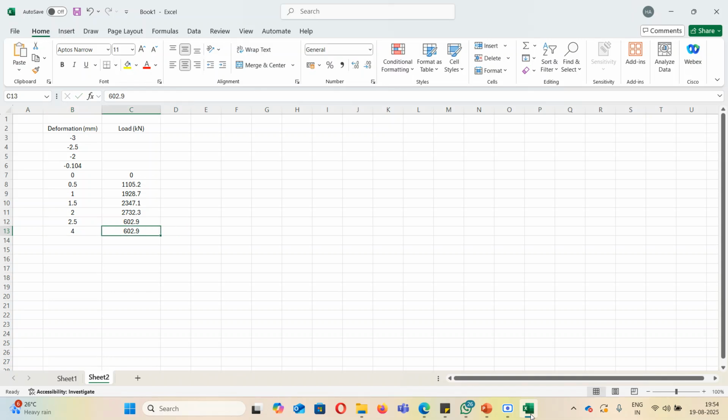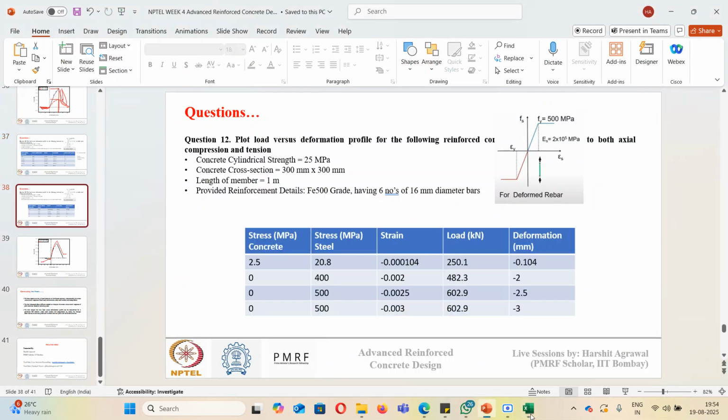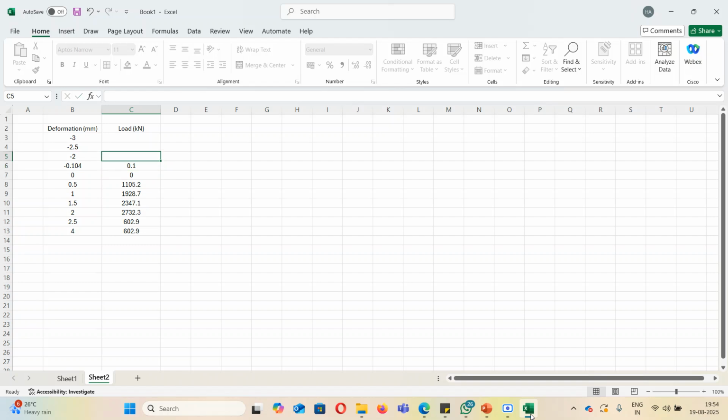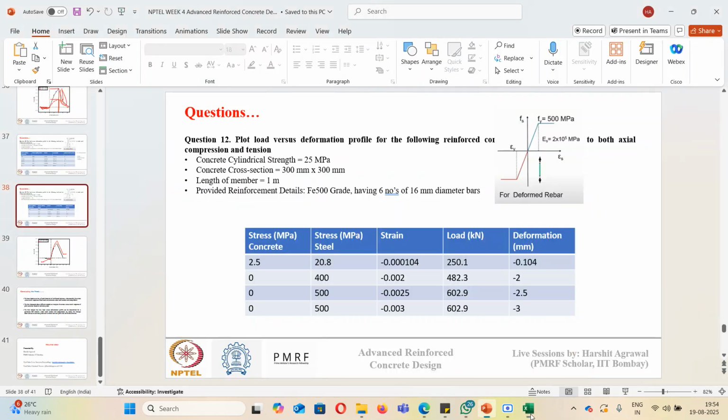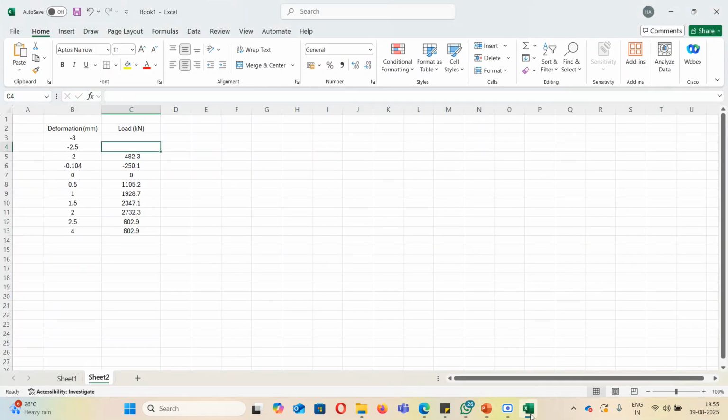strain above 0.0025 the steel will yield, so the load carrying capacity will remain constant, like how we saw in the tension side. And in the tension at minus 0.104 it is 250.1. At minus 2 it is 482.3.